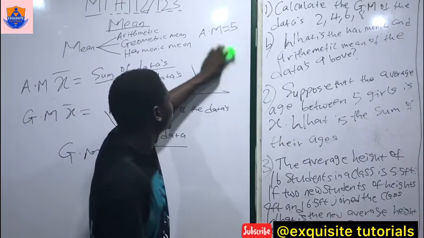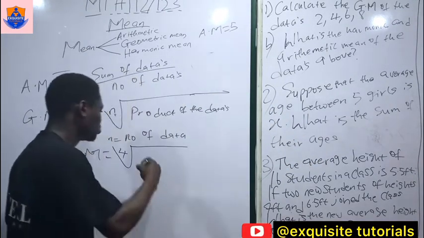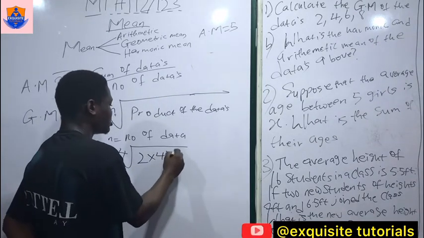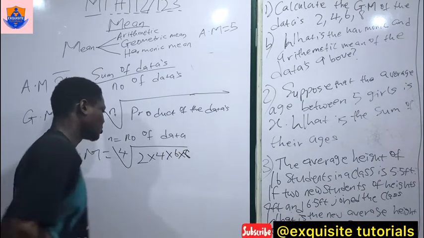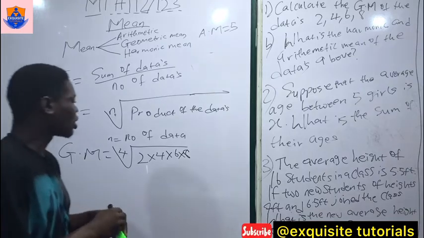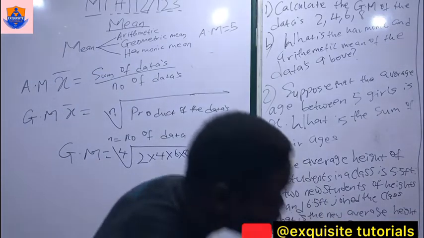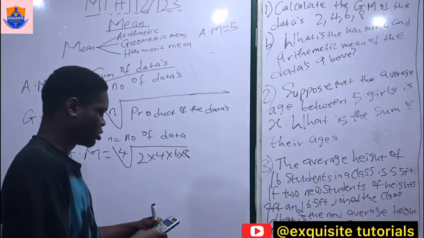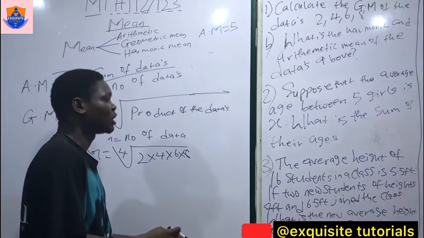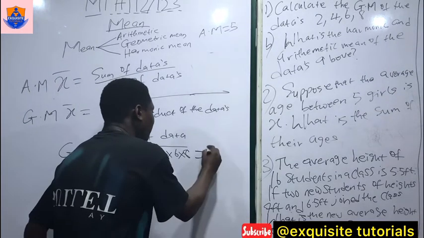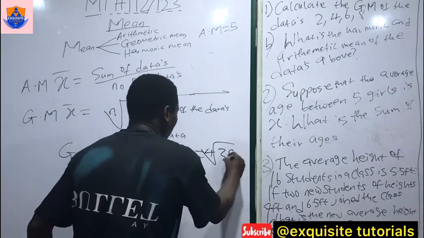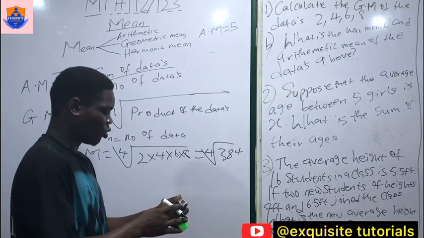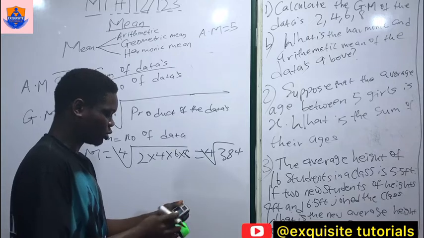So the 4th root of the product of the data, where the product is multiplication. You have 2 times 4 times 6 times 8. You can use your calculator to get the nth root. When you multiply everything, 2 times 4 times 6 times 8, you will get 384. So you have the 4th root of 384. You have to use your calculator, except you want to go through the process of using the Newton-Raphson method.